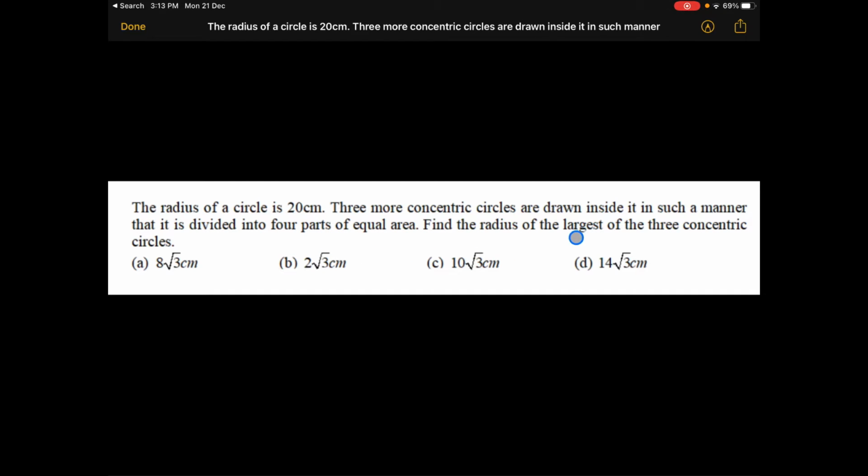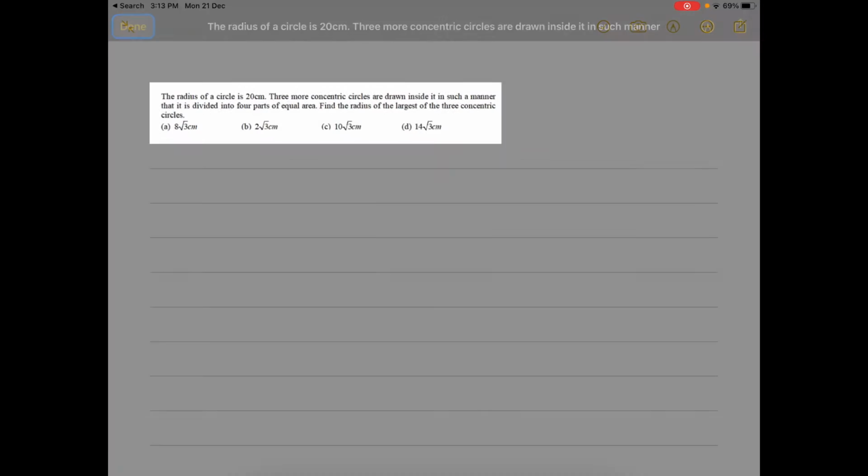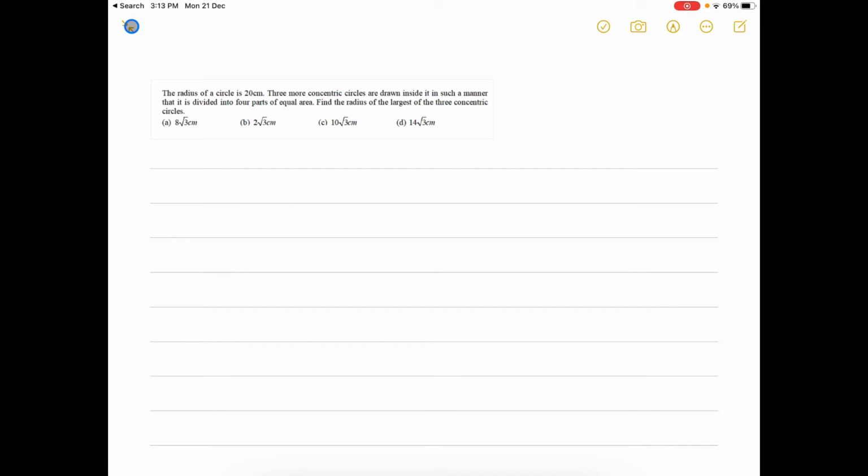Find the radius of the largest of the three concentric circles. First option is 8 root 3, second is 2 root 3, third is 10 root 3, and the last one is 14 root 3. Okay, so now that we have seen the question, let's visualize it.